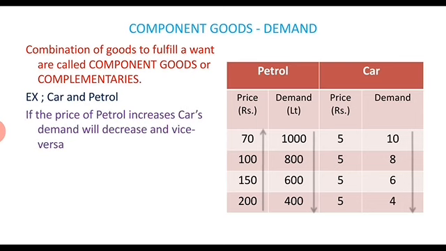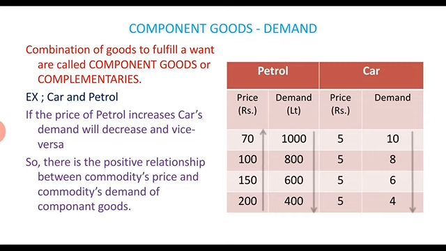If the price of petrol increases, car demand will decrease and vice versa. So there is a negative relationship between the price of a commodity and the demand for its complementary goods.